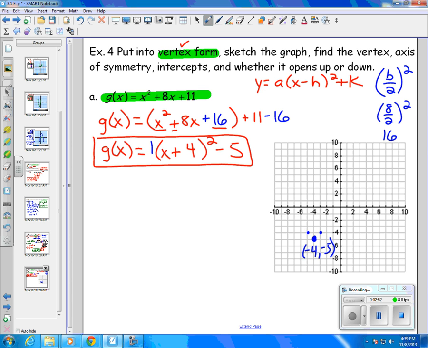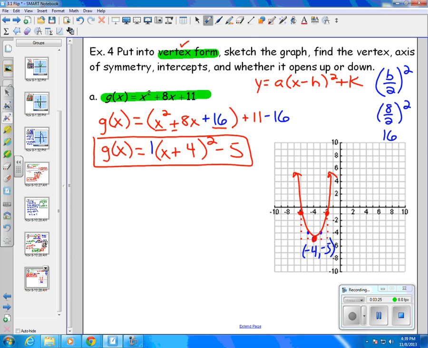And then if I'm at the vertex and I move to the right 2 units, 2 squared is 4, times my value of a, which is 1, is 4 as well. So we go 1, 2, 3, 4 units up, and that will be mirrored on the other side. So 2 to the left from the vertex, and then 4 up. That gives me a nice sketch of our graph.